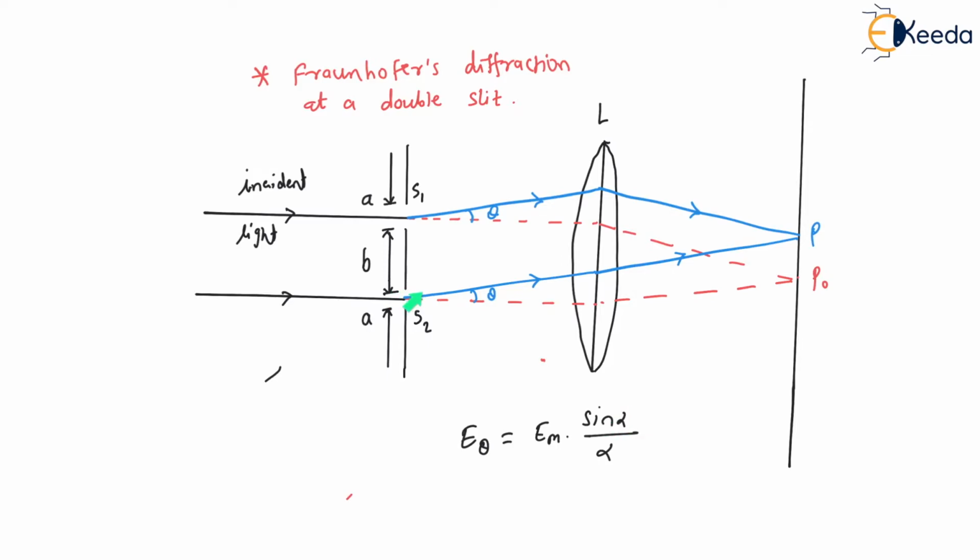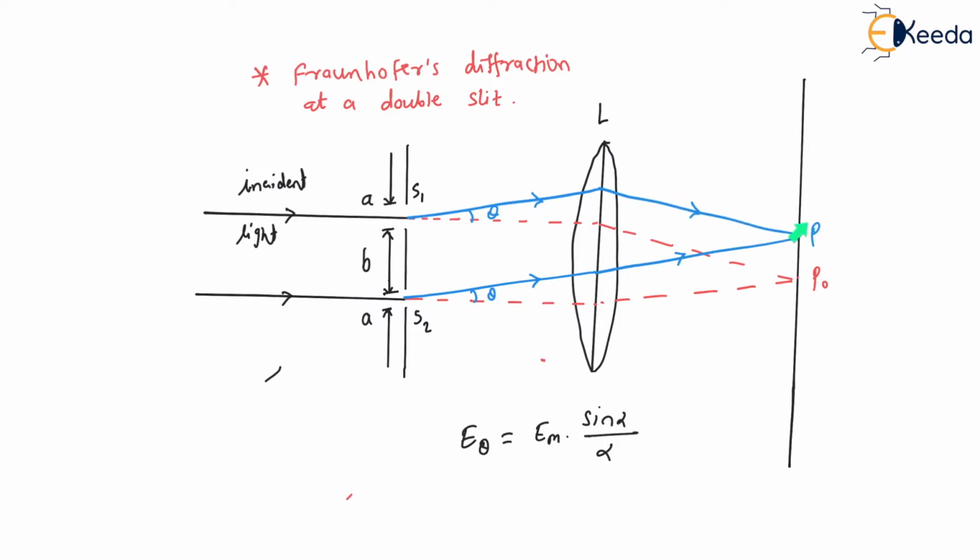Again, the same resultant amplitude will be produced by S2 also, because we have the same slit width, small a. So it will produce the same resultant amplitude at this particular point P. That means at this point P, we have two waves starting from S1 and S2 coming at this point.